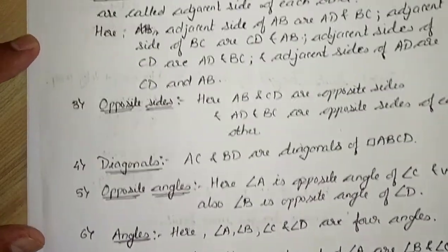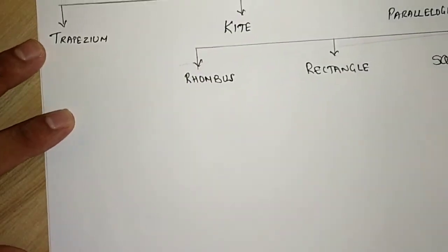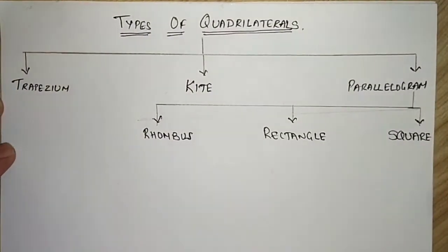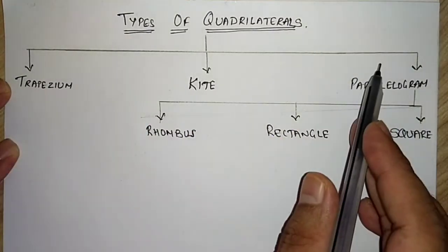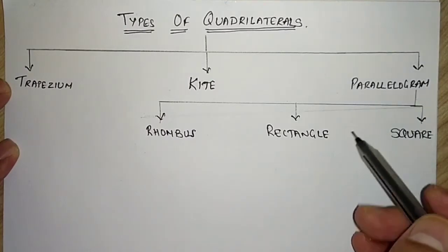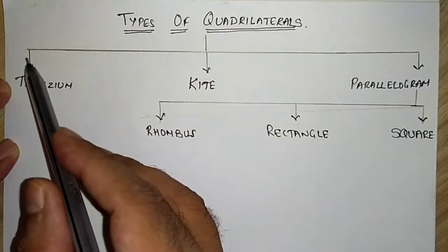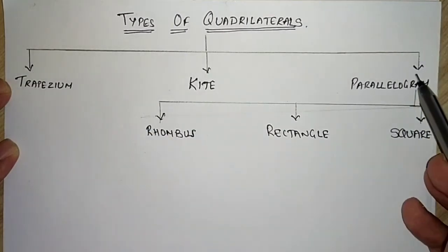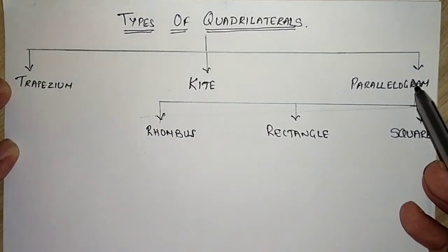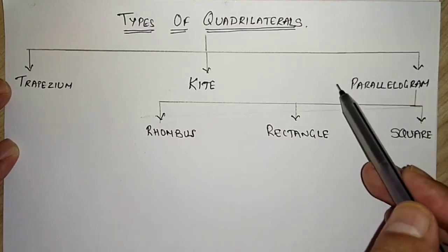Now let us move to the types of quadrilaterals. And here the main portion comes. There are three main types and there are sub parts also. Trapezium, kite and parallelogram are the three main types, and the sub parts come after that.